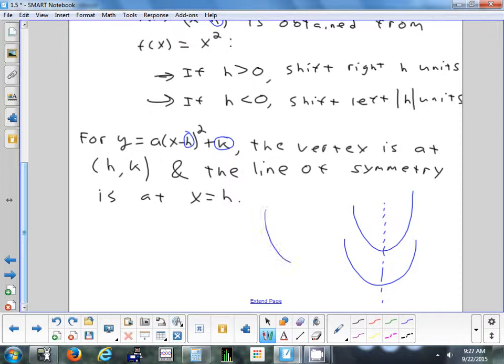It's only if you shift it over here, to the left or to the right, now it has a new line of symmetry. Remember vertical? Vertical always starts out x equals a number. And in this case, it's just x equals h. That's where your line of symmetry would be. All right, we're going to try an example of that.